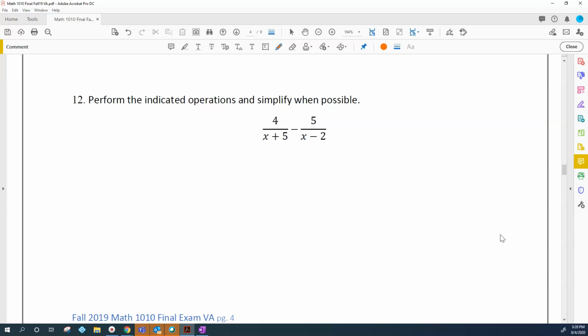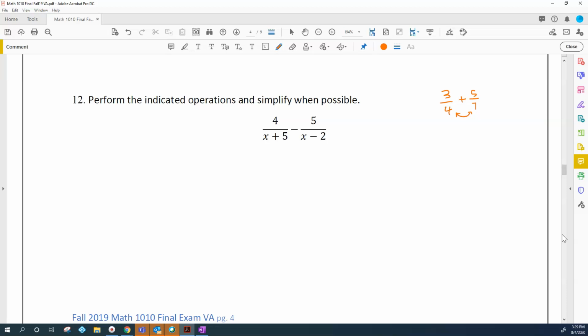So when it asks you to subtract these two, in order to subtract fractions, we have to have a common denominator. And to find our common denominator, remember that if you had something like 3 over 4 plus 5 over 7, to get a common denominator there, you could just multiply those two numbers together.